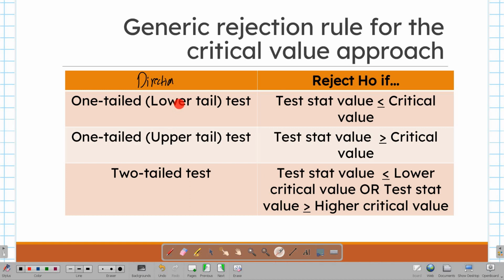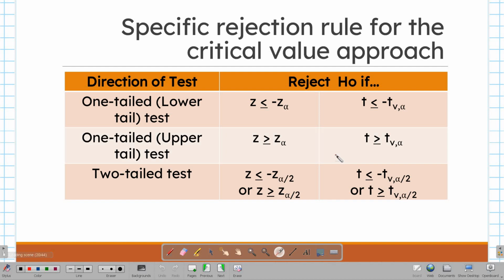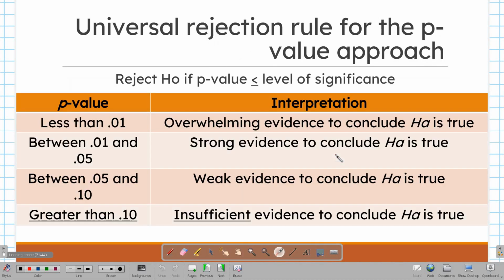If it's lower tail, we reject H0 if the test statistic is less than the critical value. If it's upper tail, we reject H0 if the test statistic is greater than or equal to the critical value. For a two-tail test, it's either one of the two. This is an example of our specific rejection rules when we go to our specific hypothesis tests.